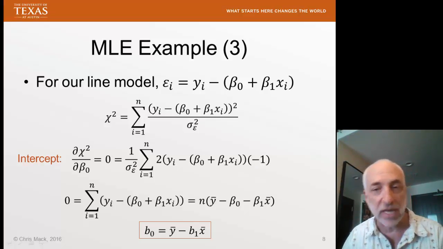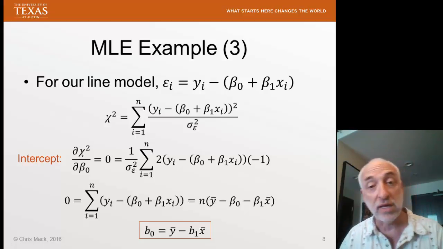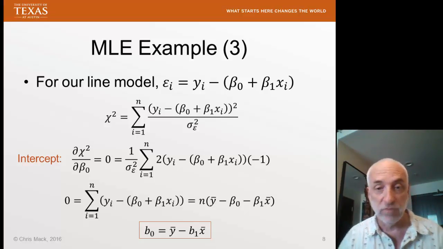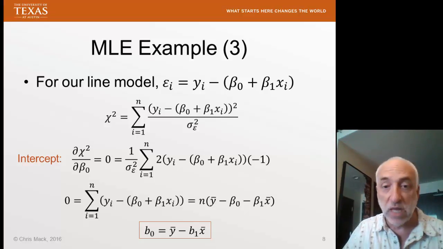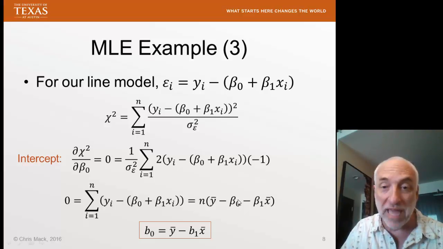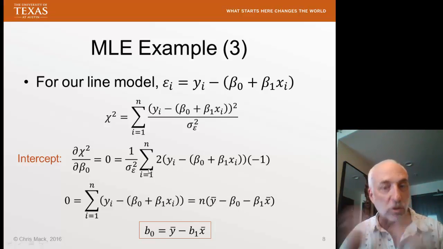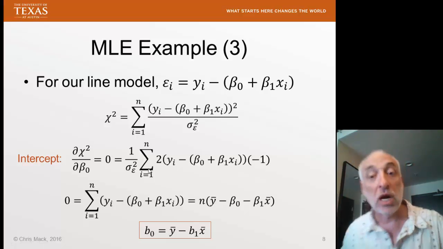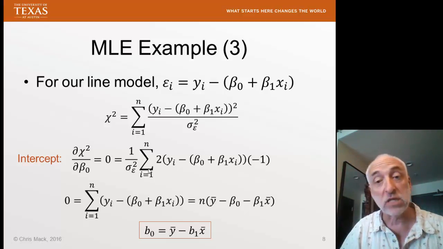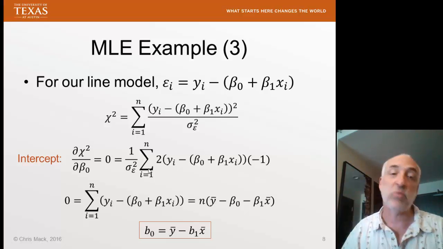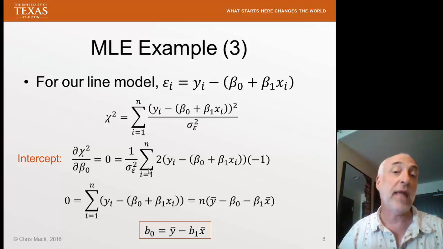A little bit of simplification, and solving for beta 0, I'll now change the name from beta 0 to b0. Why am I doing that? Because now I'm going from a theory that works in general to a specific value of the intercept for these specific data points that I have.